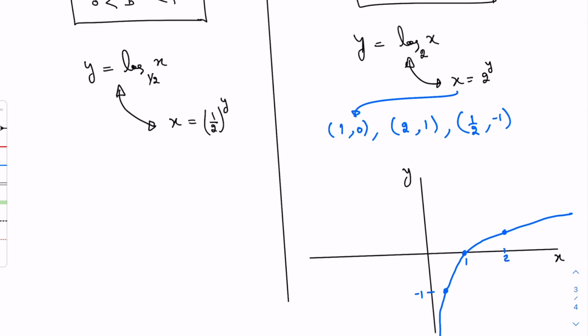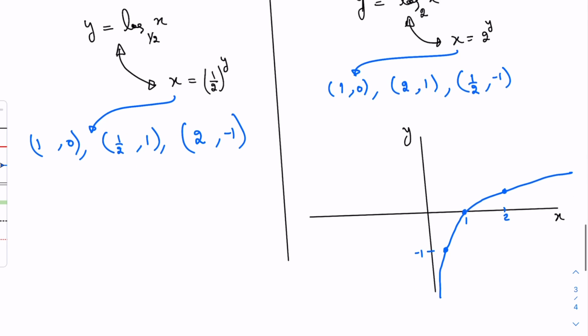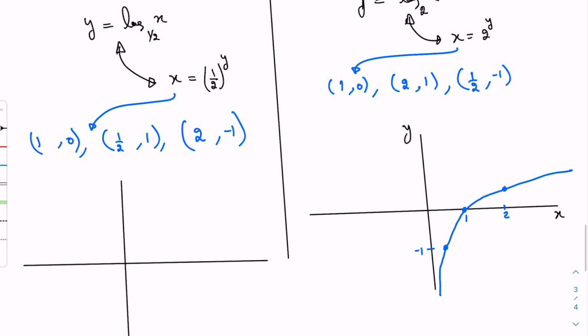If we collect some points from here, if I place y to be 0, I'm getting x to be 1. If I place y to be 1, I'm getting x to be half. And if I take y as -1, then half inverse is going to be 2, so x is going to be 2.